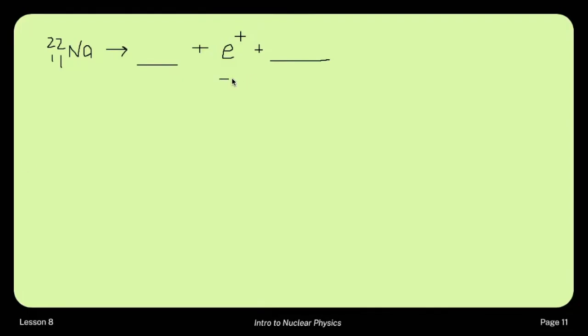Remember that we're adding this positive charge to account for the fact that we lost a positive charge in the nucleus, which means a proton turned into a neutron. So the proton number decreases by 1, and the mass number stays the same. Since we have 10 protons, we know this is neon. The last thing to do is write our neutrino, and it's paired with a positron, so this will be a regular electron neutrino.